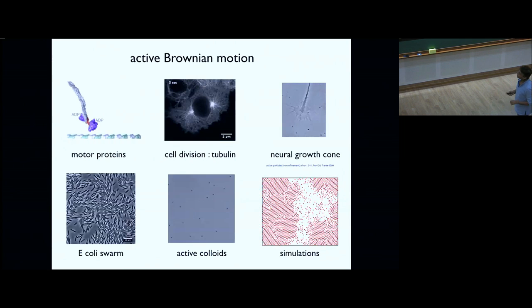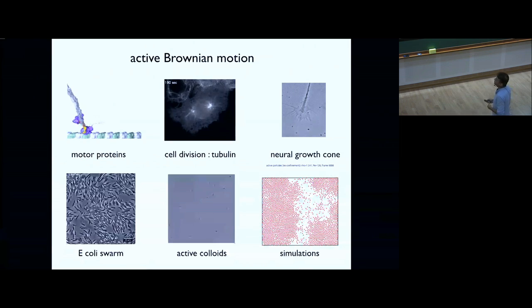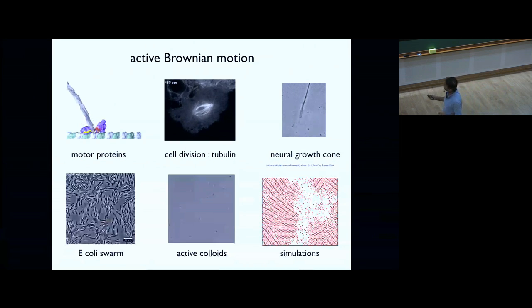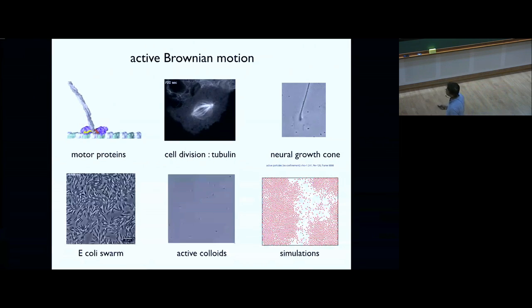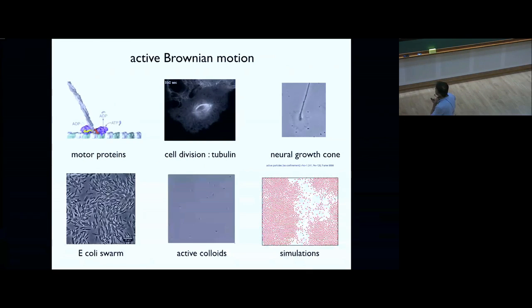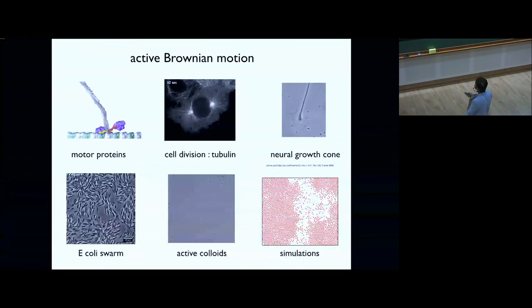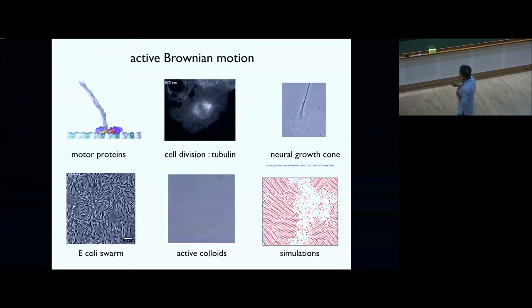But now I come to the active Brownian motion. Of course I don't have to motivate this active Brownian motion to this audience. We get to see activity in various biological situations, for instance, motor proteins, E. coli motion, cell division, active colloids, and maybe neural growth cone motion.